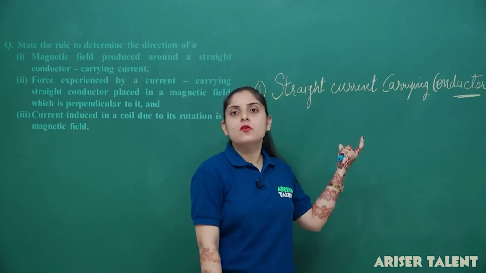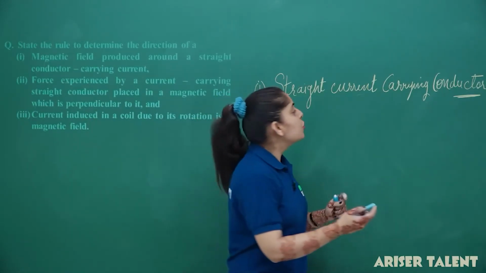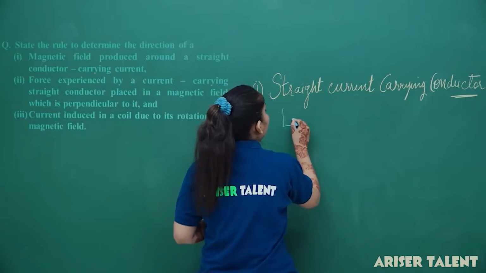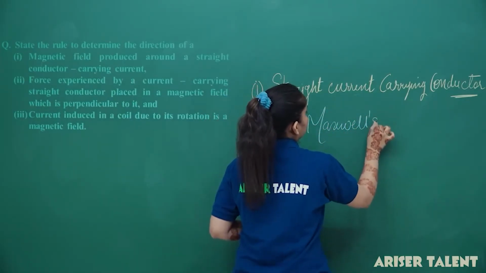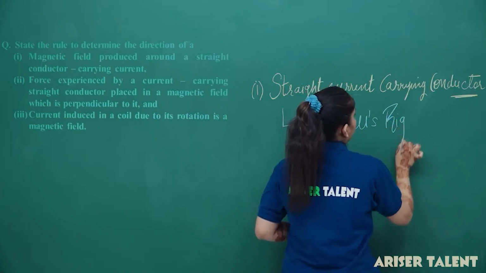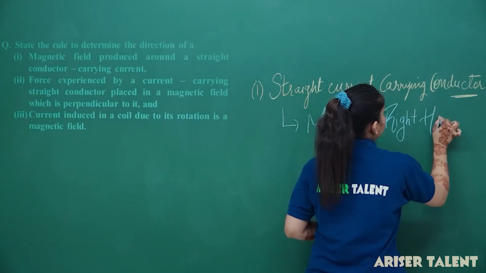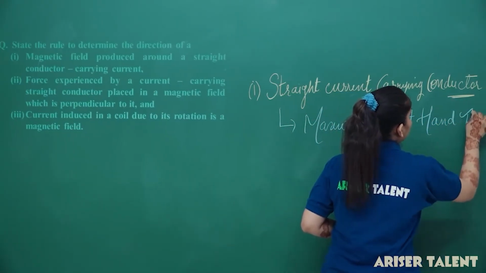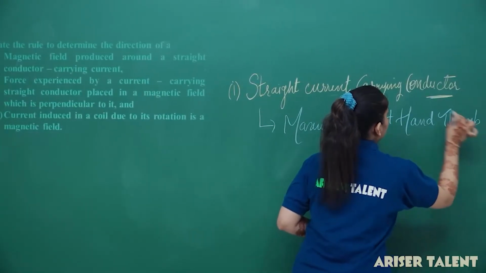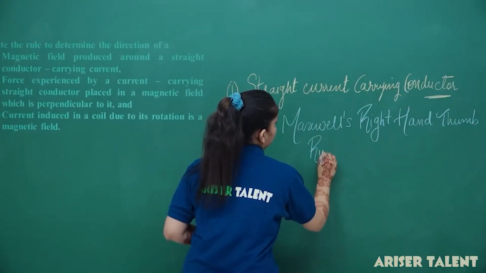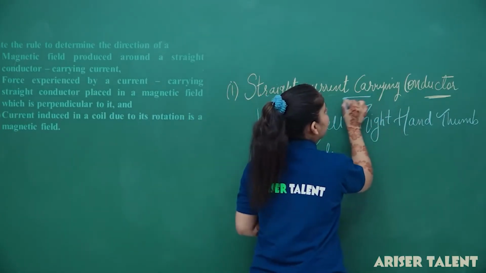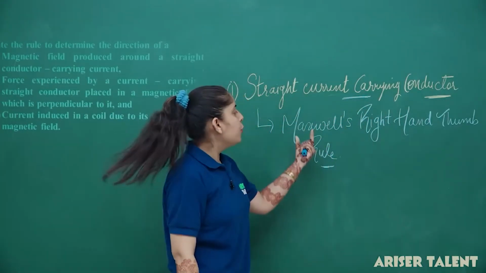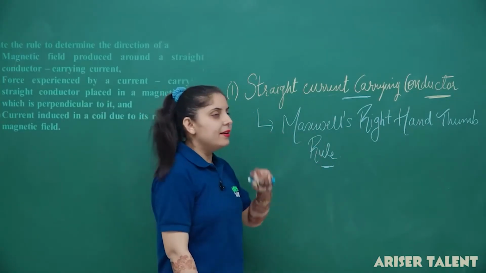You will apply it in the case of a current carrying conductor only. So you have to remember this point. If a current carrying conductor is given, you have to apply Maxwell's right hand thumb rule.